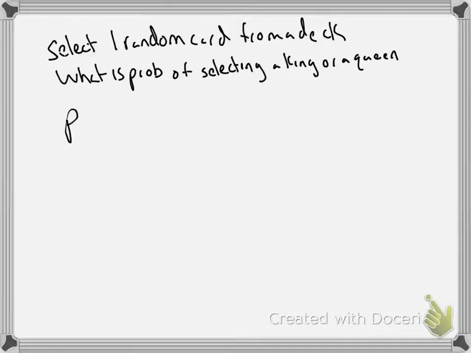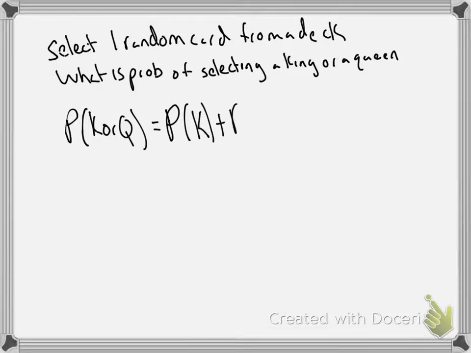So the probability of king or queen is the probability of selecting a king plus the probability of selecting a queen.